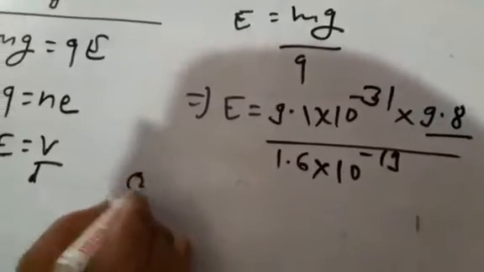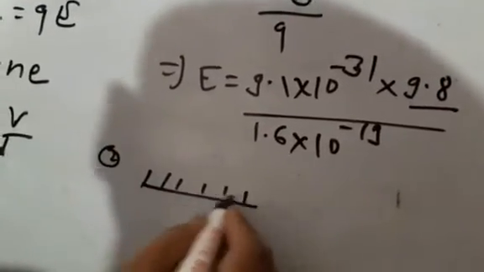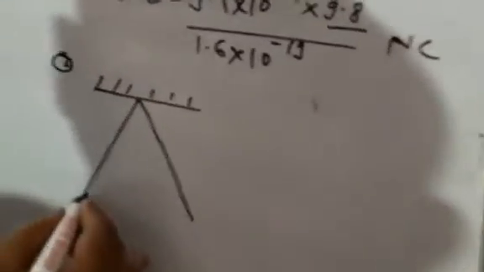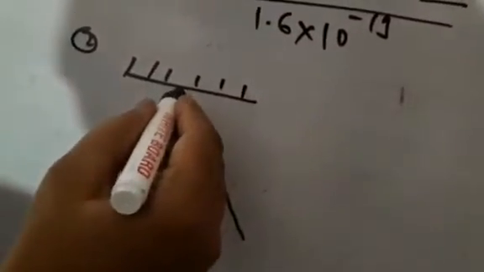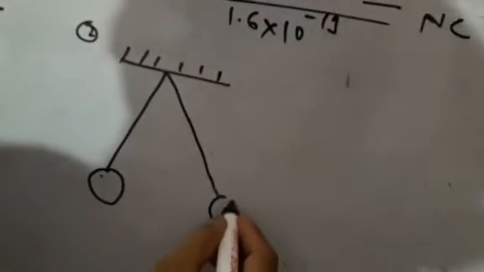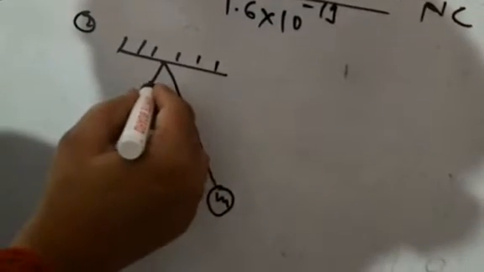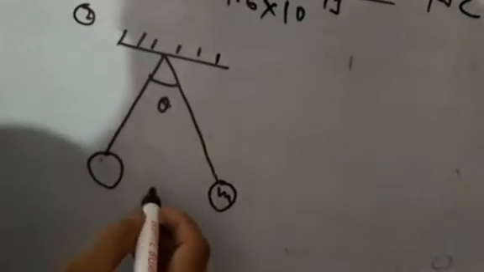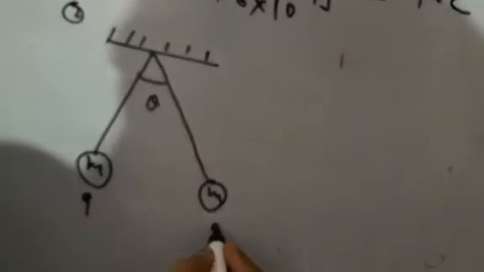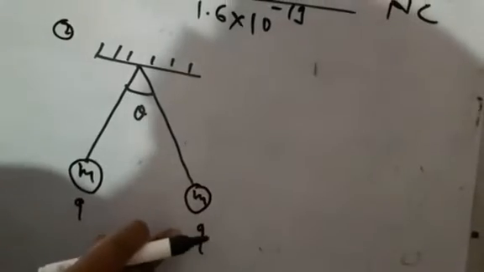Next, if two charged particles of mass m suspended by a rope are balanced with angle theta, then find the balancing electric field if charges of both particles are Q. We have to find the balancing electric field.